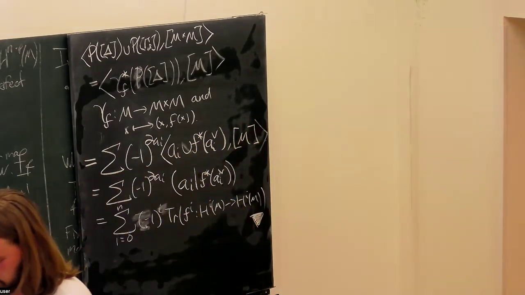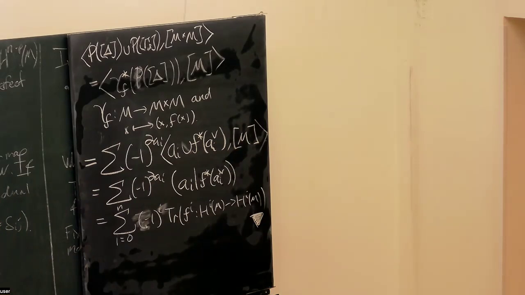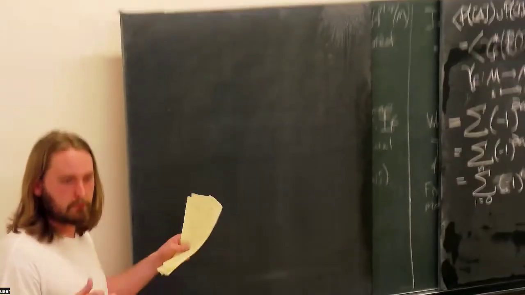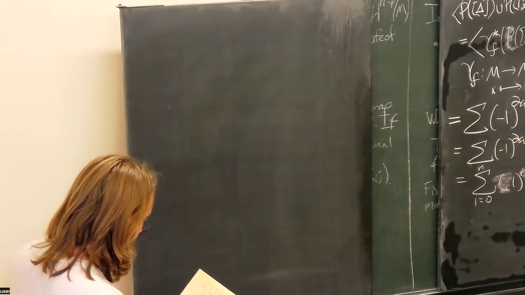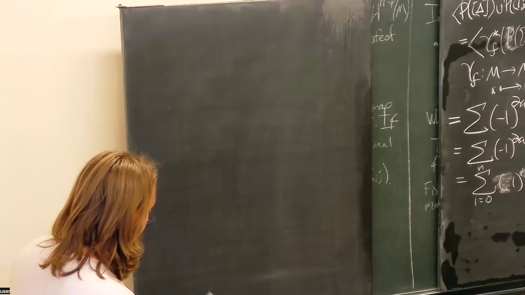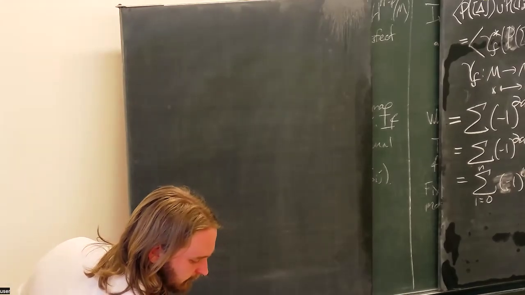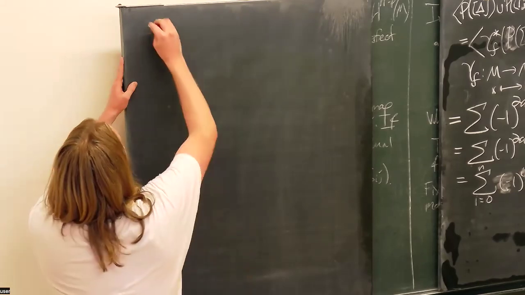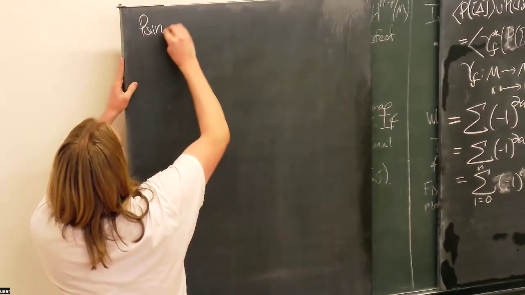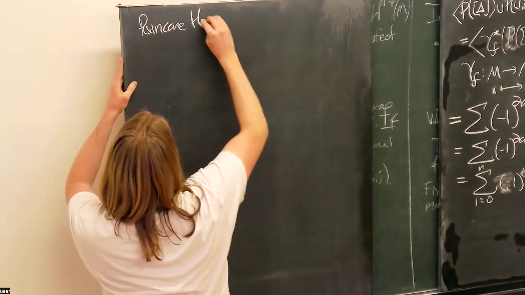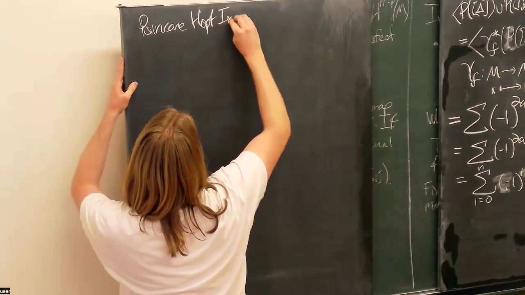Now, I proved the general statement for manifolds. There's a similar statement for finite simplicial complexes, but I didn't prove it, so I guess I can't do it. But we have with it a lot of extra things. So this is called a Poincaré index theorem.